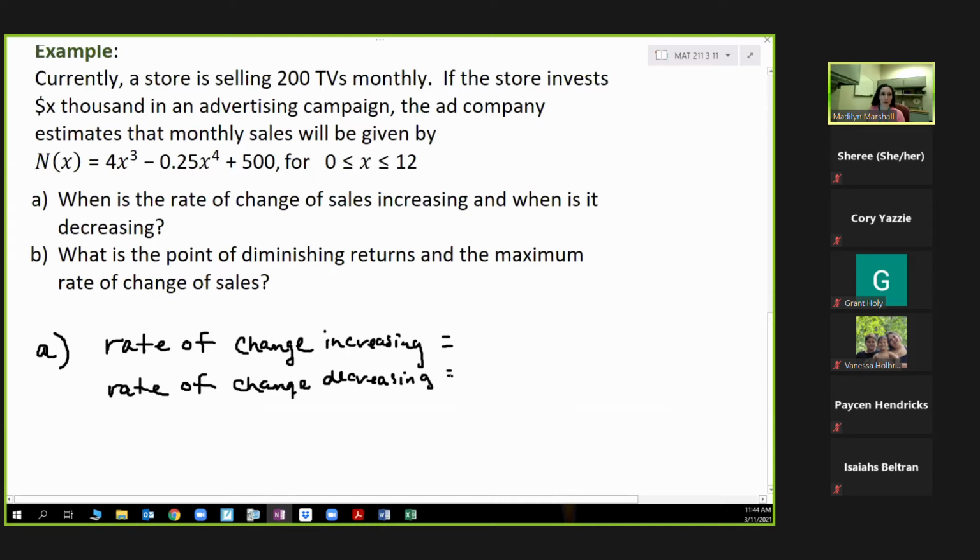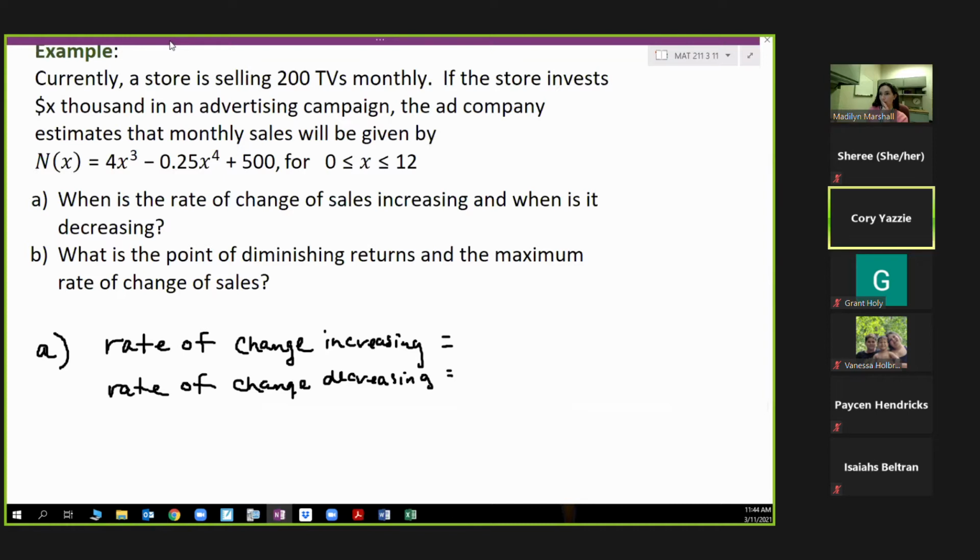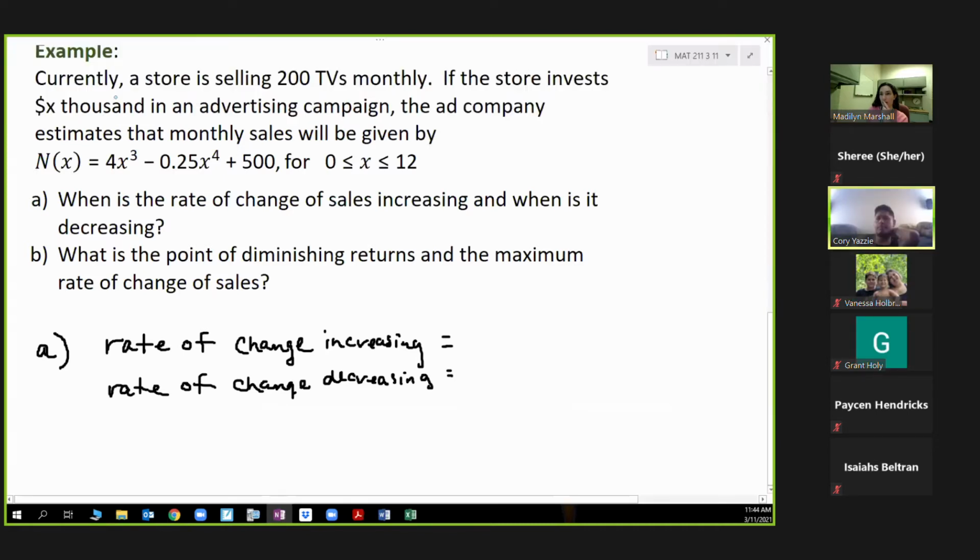What words do we use to describe the shape of a graph where the rate of change is increasing or the rate of change is decreasing? Critical number? Not quite. The critical number would be when the rate of change is 0.